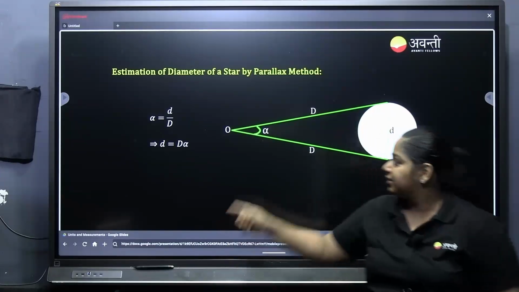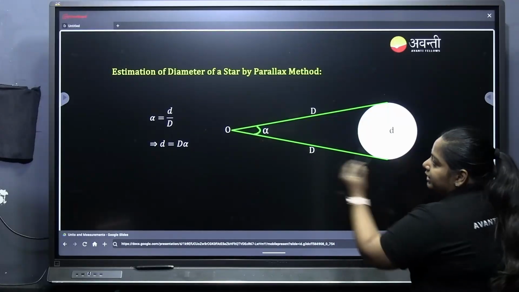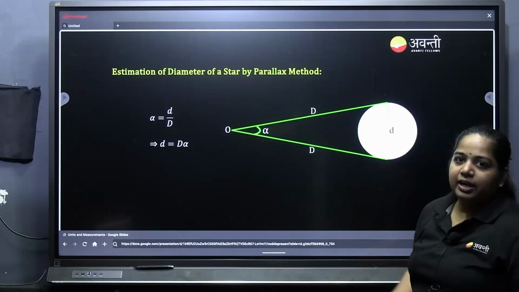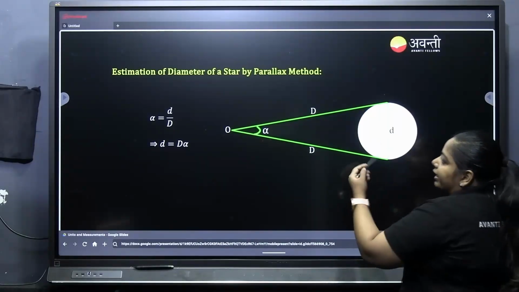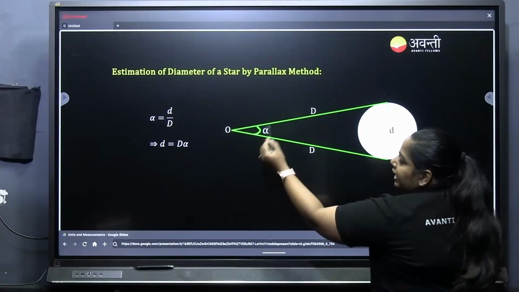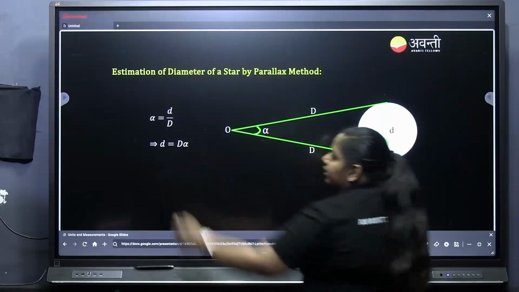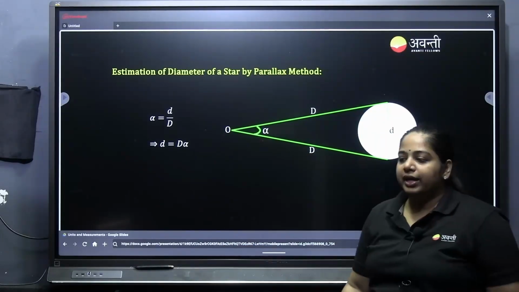This angle is taken as alpha here. And the distance we should know. If you know the distance only, you can find the size of the object. So this will be arc length, D is radius and alpha is angle. So we will get diameter equal to radius into angle, that is d equal to D alpha.